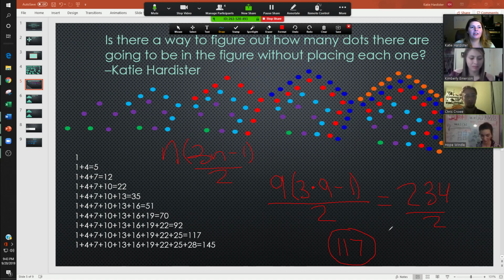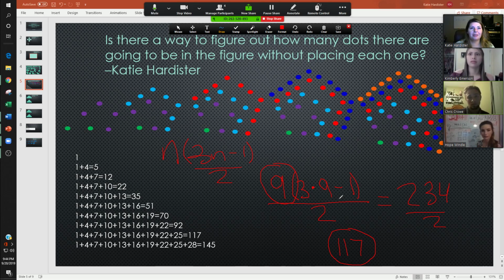Chris, what was the letter N supposed to represent in the pentagonal formula? Well, the letter N is supposed to represent the number of the figure you are trying to find. So whenever I inserted 9 right here, that represented that we were finding the 9th figure, right? Yes. Okay, awesome. And hey, Kim, what was the formula that we used again?